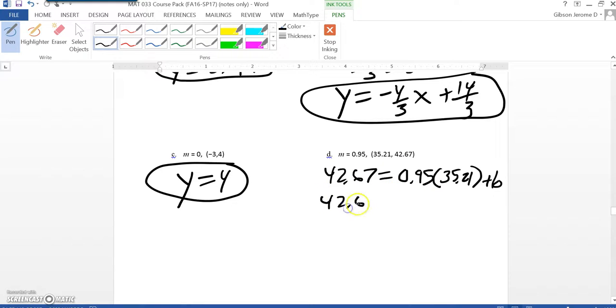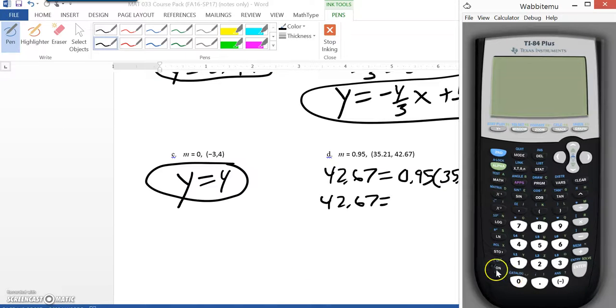We have 42.67 is equal to 0.95 times 35.21. We'll put that in the calculator. 0.95 times 35.21. And that gives us 33.4495.